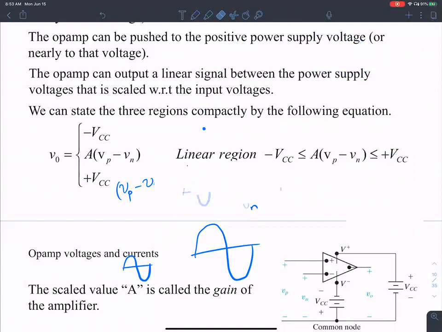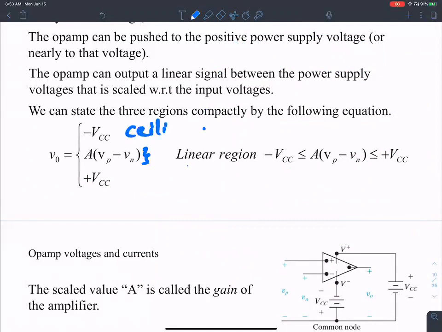So the output, if you think about it, can have three different values. This is the ceiling. This is the floor.